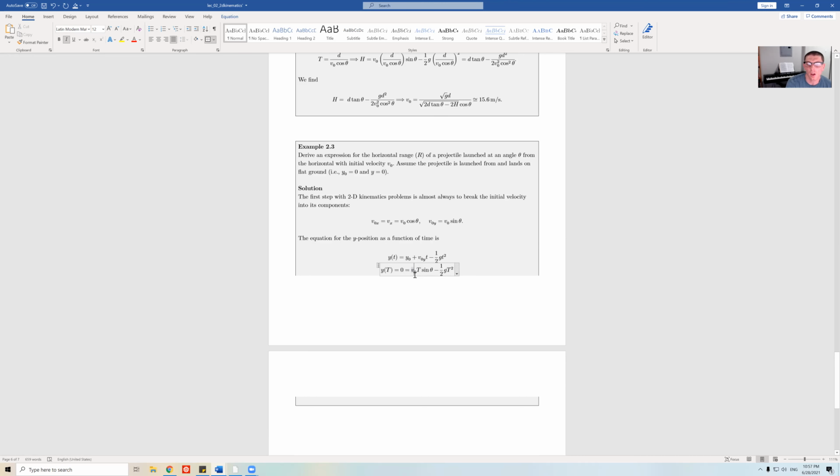So we know v initial, and we also know theta, which tells us what sine theta is. But we don't know t, and that seems to be a theme here. We don't know the time, and there's a good reason for that, which is that time is often the thing that's going to link the x and y components of motion for us.